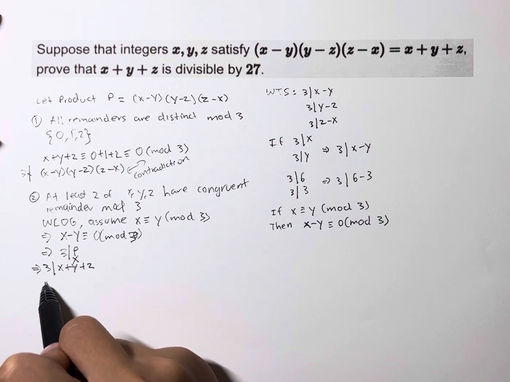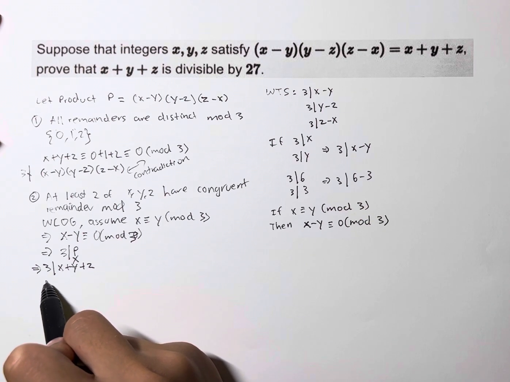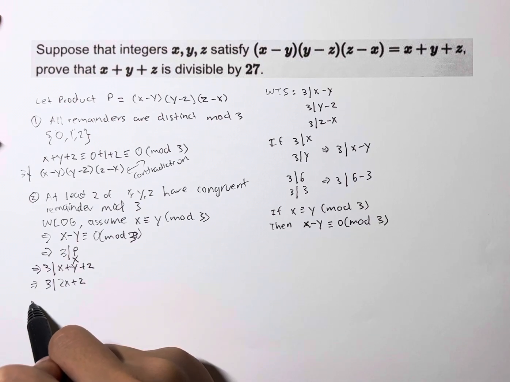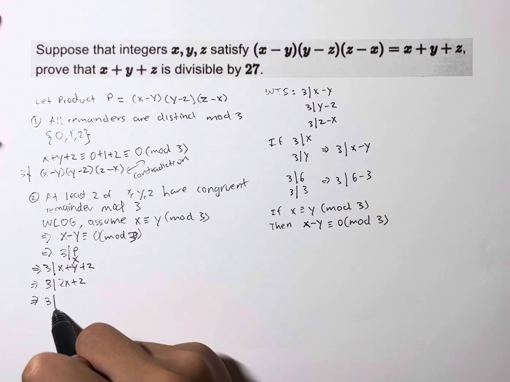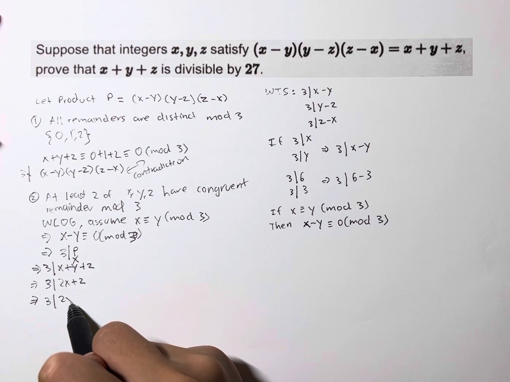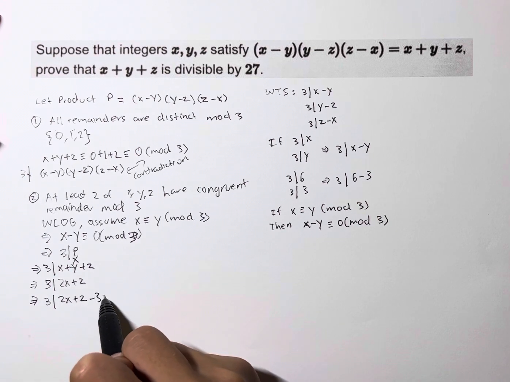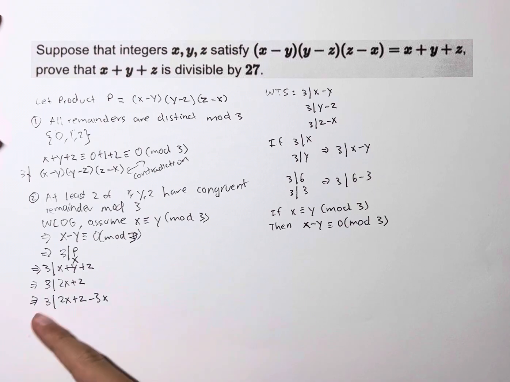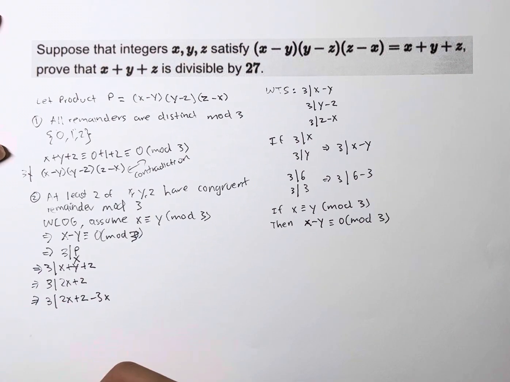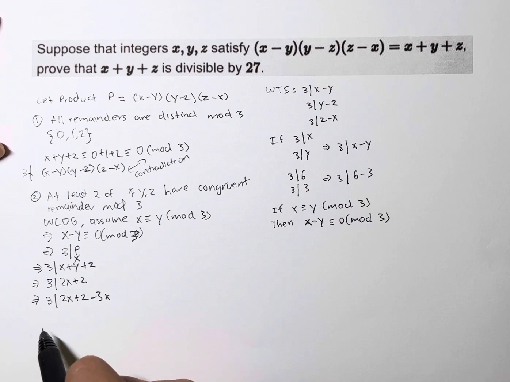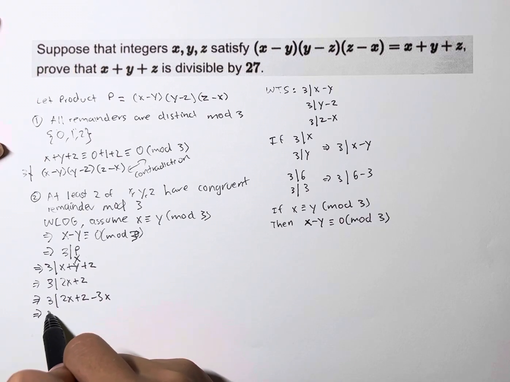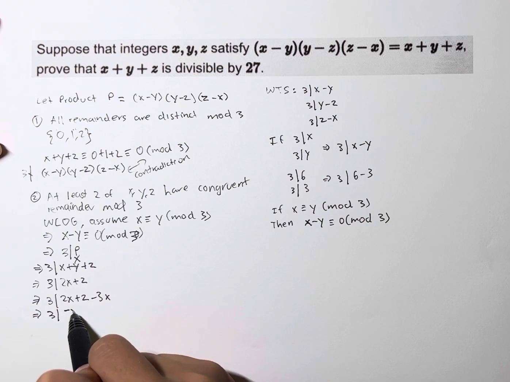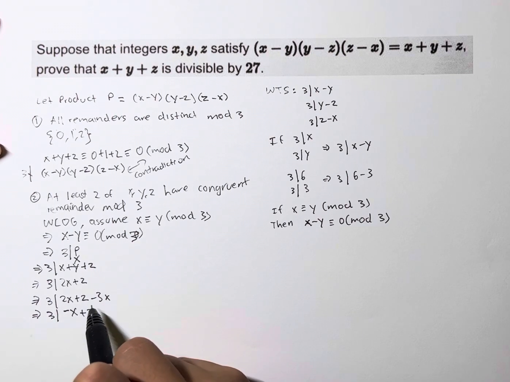So then we can get that 2x plus z. Now here's the tricky part. This can be transformed: 2x plus z minus 3x will still be a multiple of 3, because minus 3x is also a multiple of 3. So 3 is going to be a factor of negative x plus z.